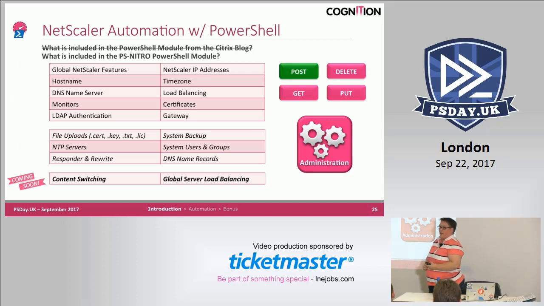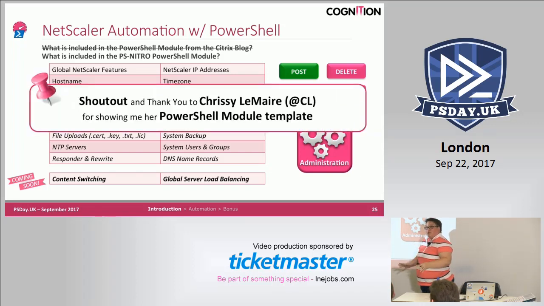Starting out, as Citrix did, with just one gigantic module file, which isn't very easy if you put it on GitHub to make sure that you can easily change some of the configuration. So a big shout out to Chrissy Lemaire, who showed me a template on using the right set of files for a PowerShell module.